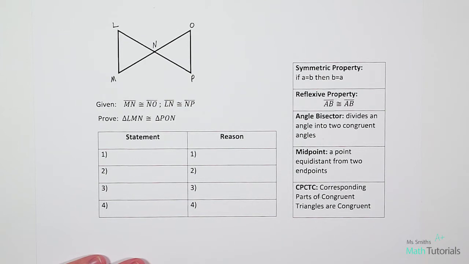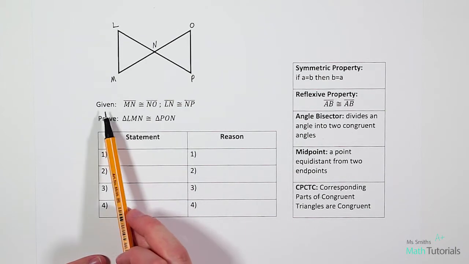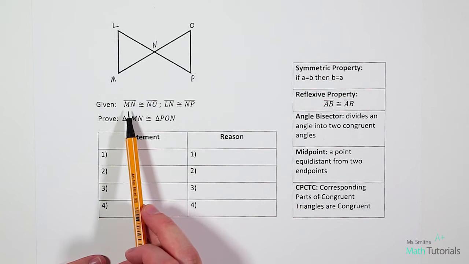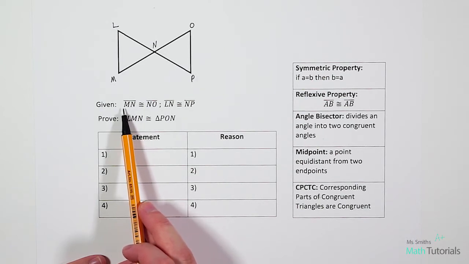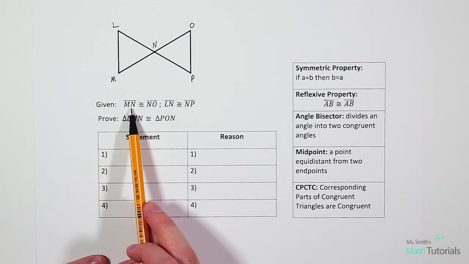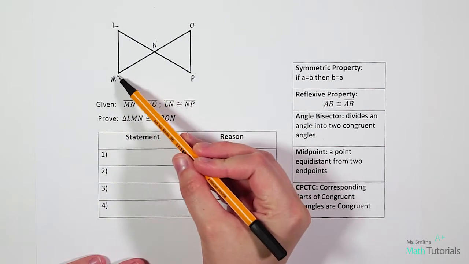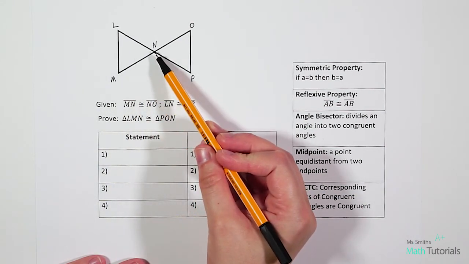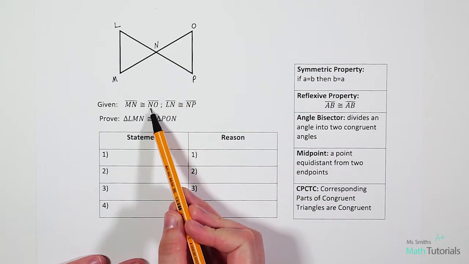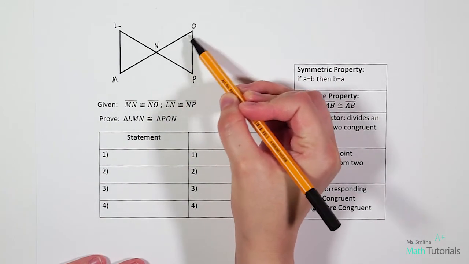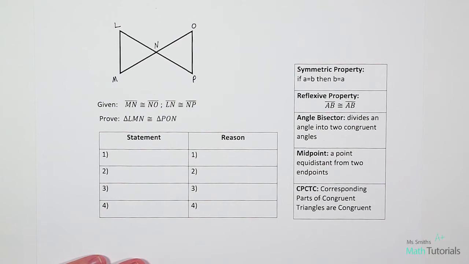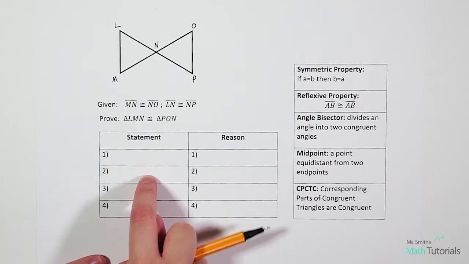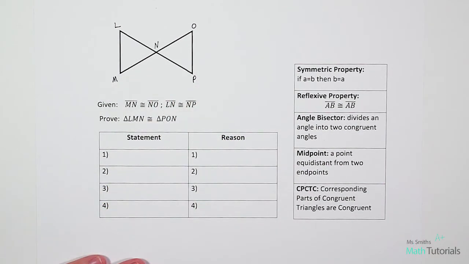The first thing that we always do in a proof is going to be to look at the givens. They've given us a few given statements, and in this case they've given us 2. They said line MN is congruent to line NO. So what I like to do is go ahead, as we fill in our statements, let's mark that on the picture because that'll help us try to figure out where to go after we finish our givens.